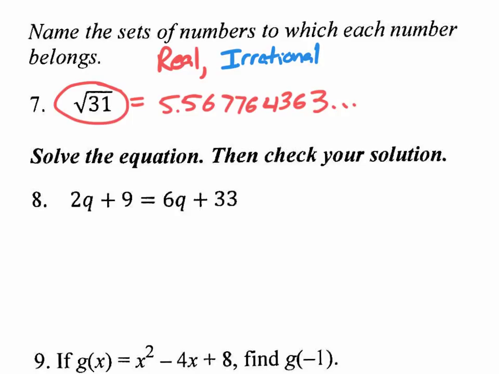Now, maybe they don't give you this number on the midterm. Maybe they actually ask you to classify the square root of 9. And what is the square root of 9 really? The square root of 9 really is 3.